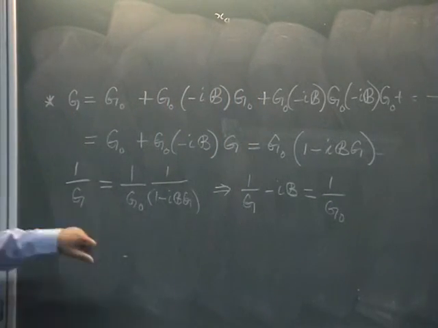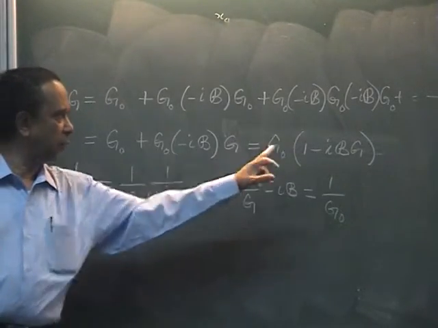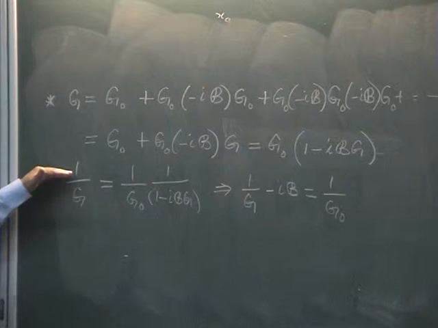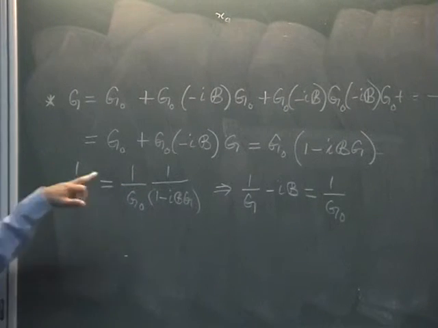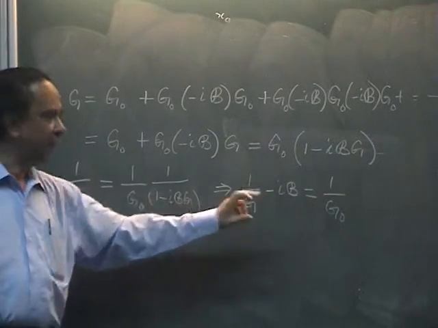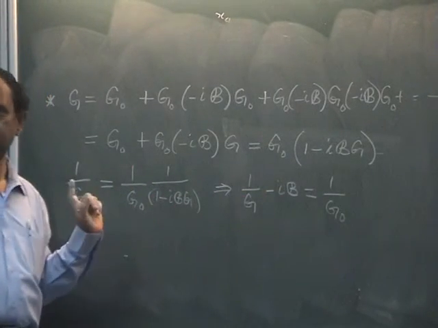I have taken the reciprocal. Then I take this 1 upon i B G here, so that when I divide out, I get 1 by G, and then this G cancels and I get a minus i B. That is equal to, on the right hand side, 1 upon G.